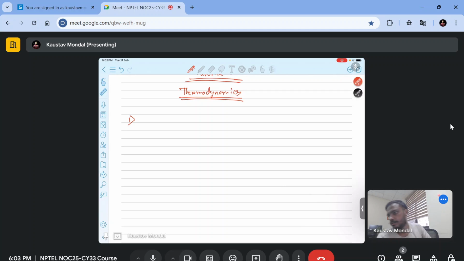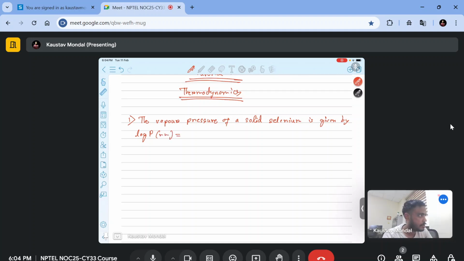The vapor pressure of solid selenium is given by log P in millimeters equal to -7440 by T plus 12.28.